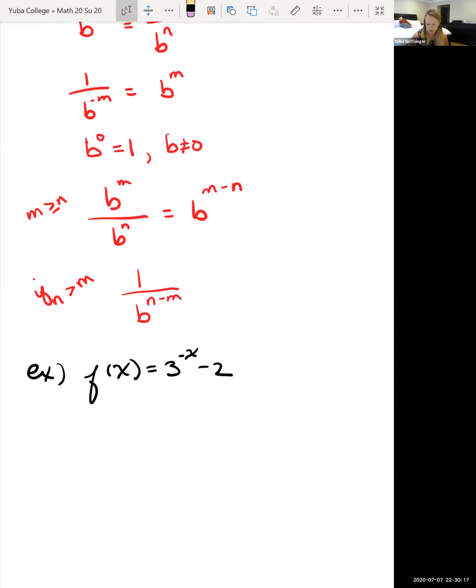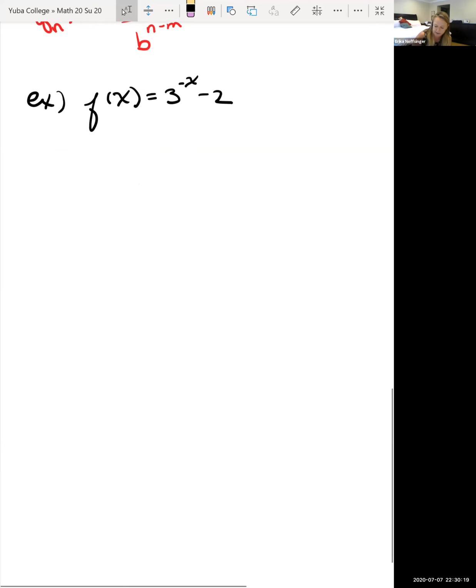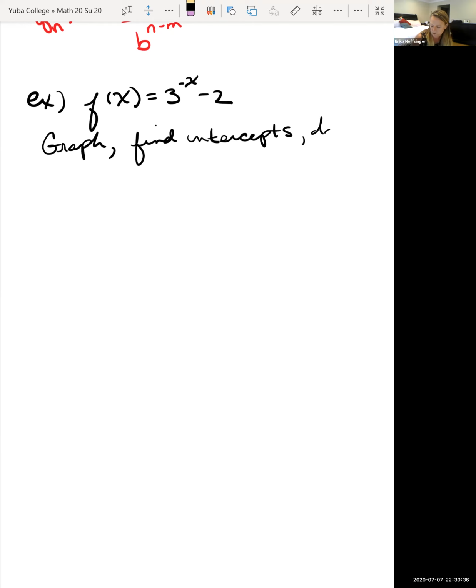So going back to our example, it wants us to graph this, find intercepts, the domain and the range. Oops, domain, range, and asymptotes.